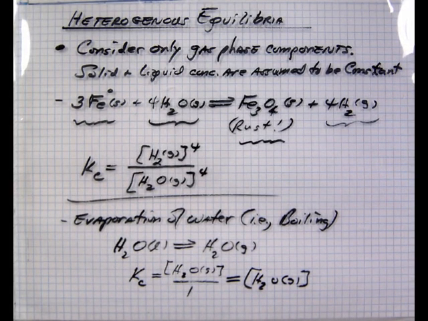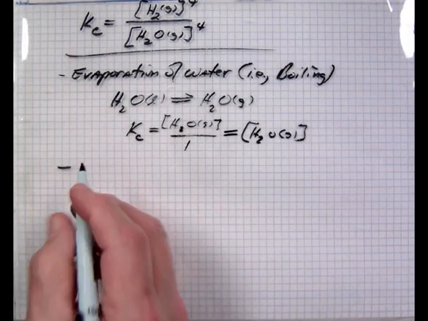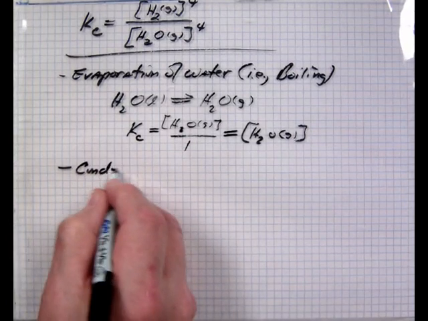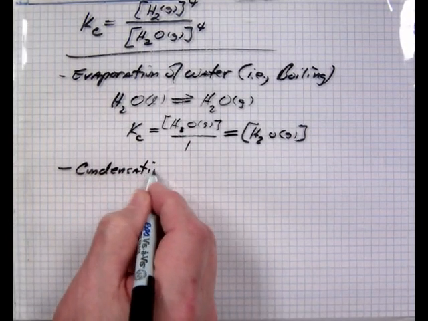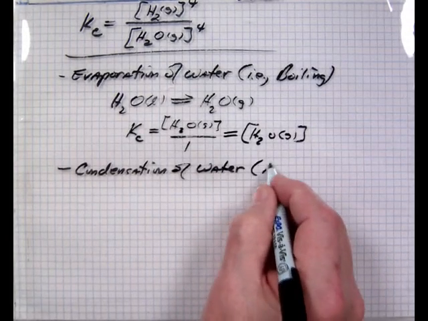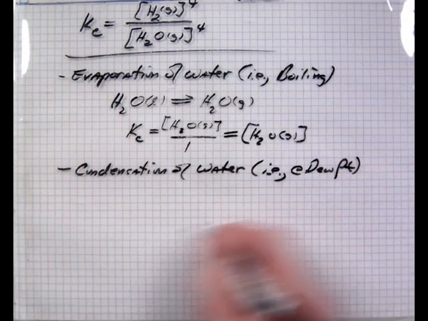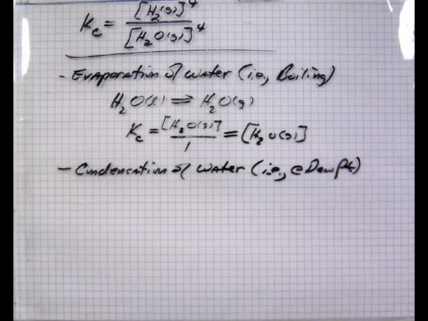Now, to illustrate the idea of putting that 1 in here, what if we dealt with the condensation of water, just as a contrast? At dew point. Dew point is that point in which the atmosphere is saturated and cannot hold any more vapor. As a result, we start getting rain, or precipitation, or condensation, or however. Well, what does that mean?